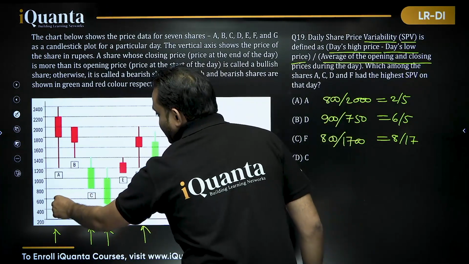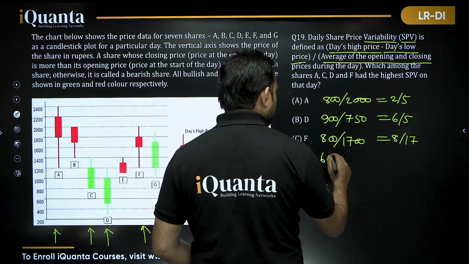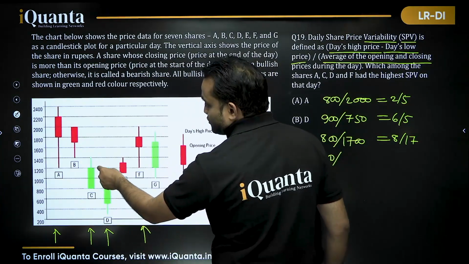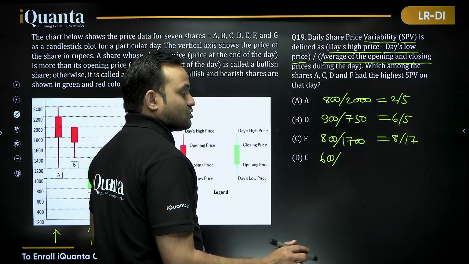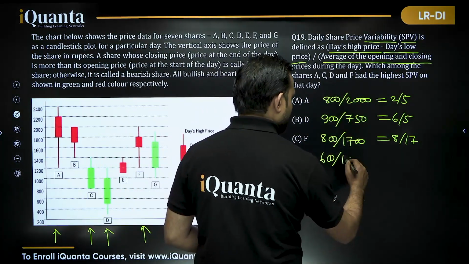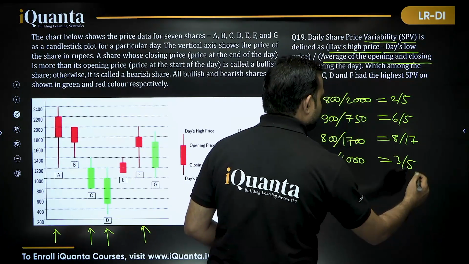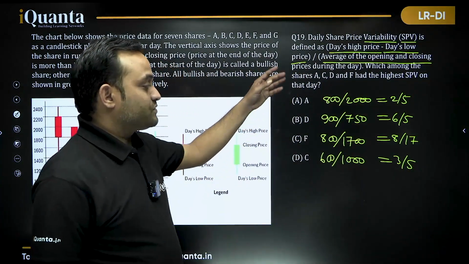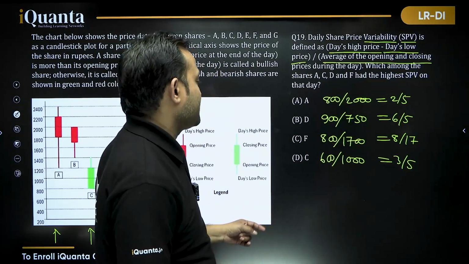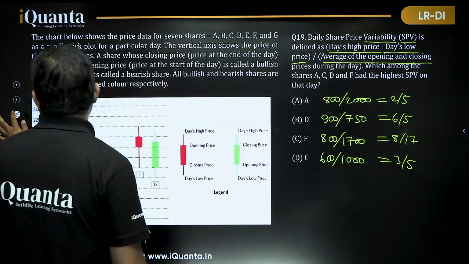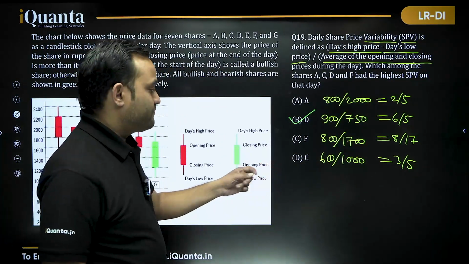So 800 and 1400, the difference is 600 divided by 1200 plus 800, 2000 by 2, so 1000, which is equal to 3 by 5. So which of these has the maximum value? Highest SPV will be for share D, which is 6 by 5.